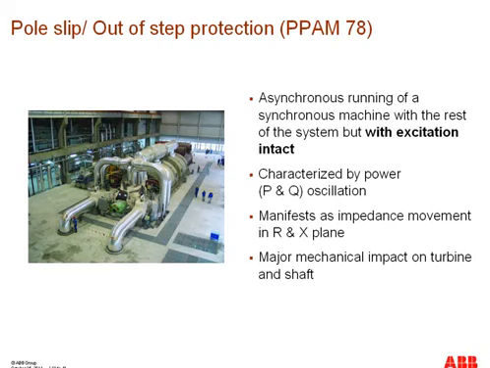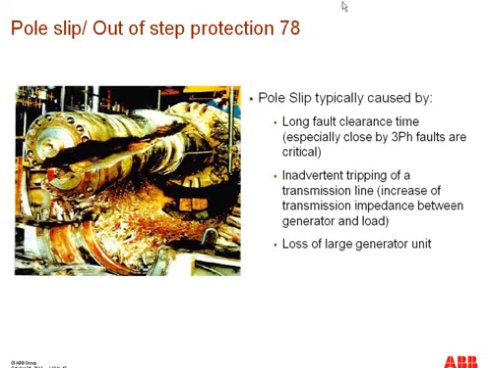There are major mechanical impacts on the turbine as well as on the shaft. How serious these impacts are, we will see in this picture, and quite a lot of damage has occurred in the shaft of the rotor.